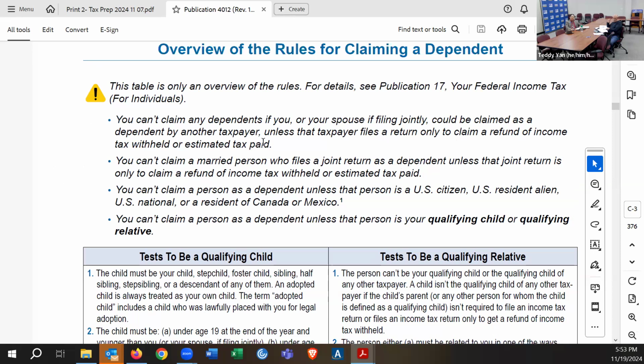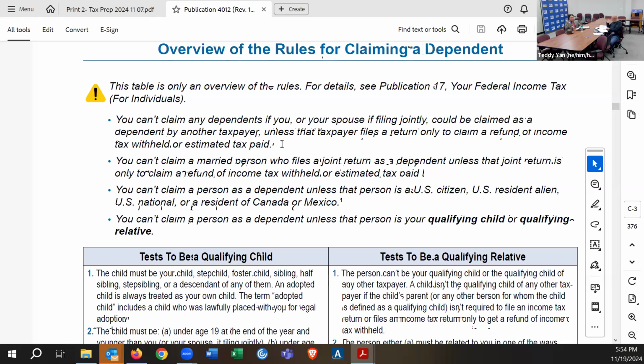But dependents cannot be claimed by anyone who can themselves be claimed as a dependent. And what did we already figure out about Manny? Manny can be claimed as a dependent. Therefore, he cannot claim a dependent of his own. Therefore, the only person in the household who can claim Dottie is Kat.